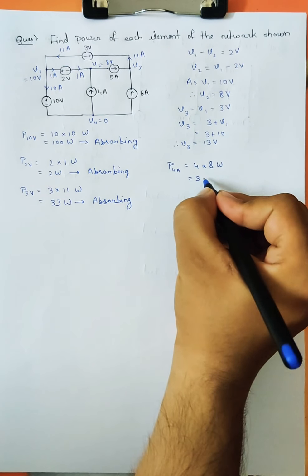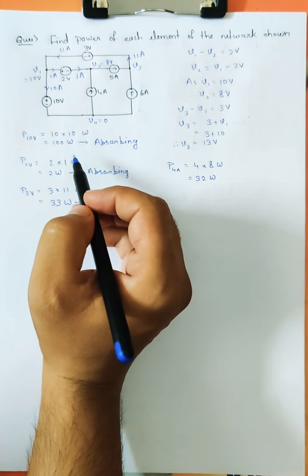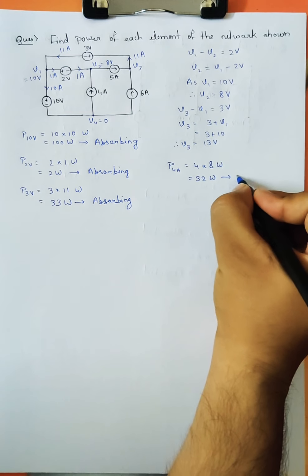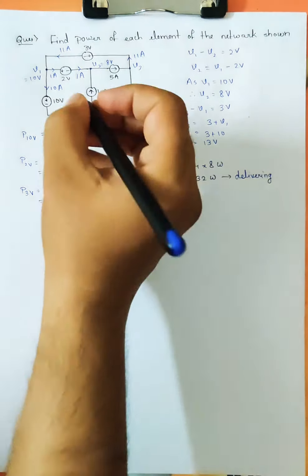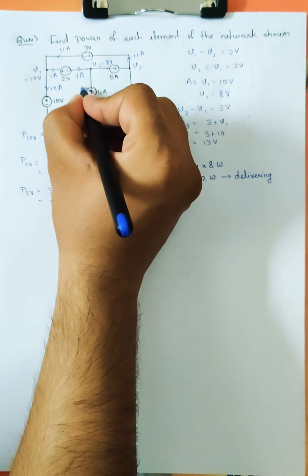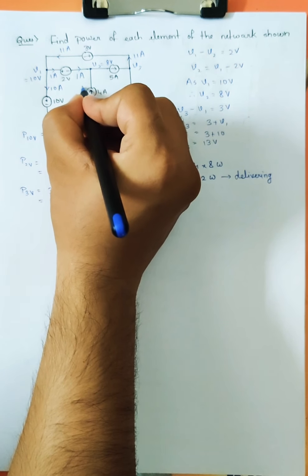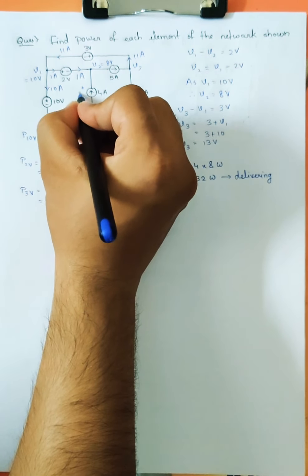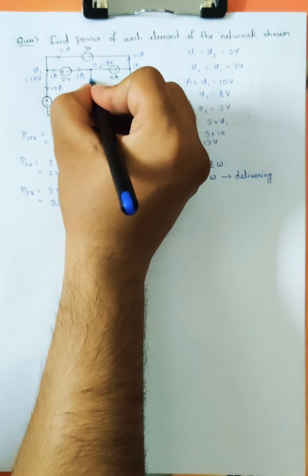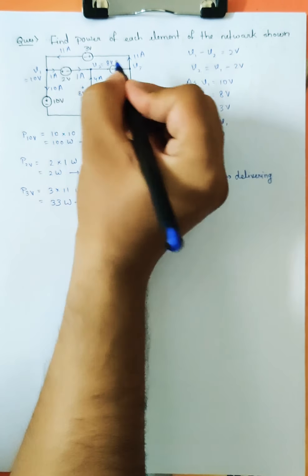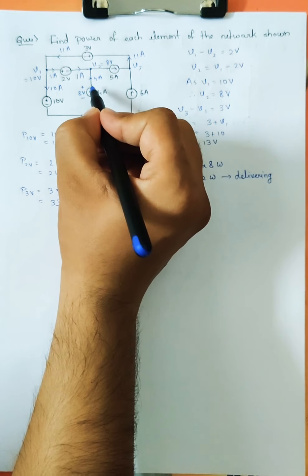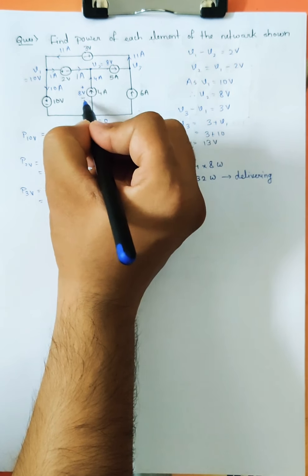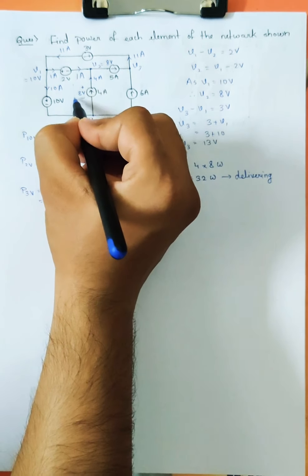The power will be 32 watt. This power is delivering. As we can see, the voltage across this 4 ampere current source is plus minus 8 volts. The current is 4 ampere. We can easily see that the current is going away from the positive terminal of the element.